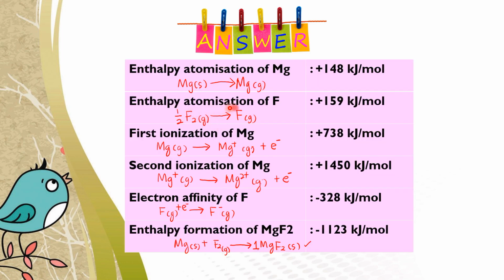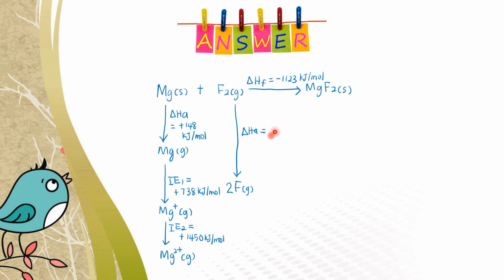For atomization of fluorine, it produces 1 mole of fluorine atom in gas, so the value here is positive 159. However, in our Born-Haber cycle, F2 should be 1 mole, because this equation refers to the enthalpy of formation.